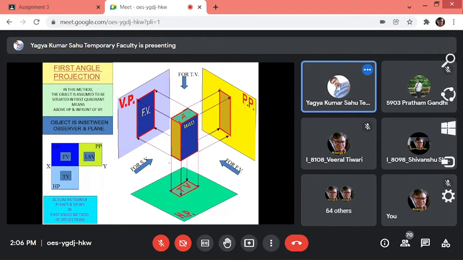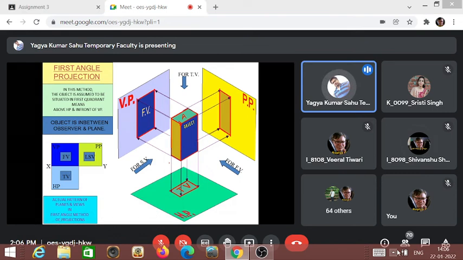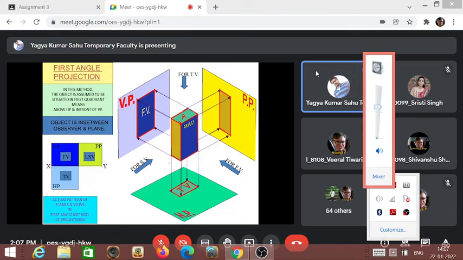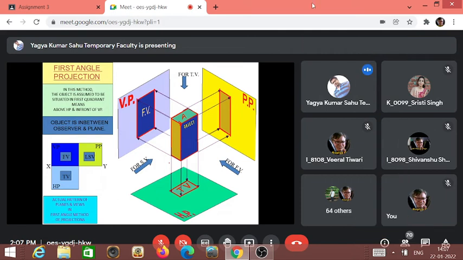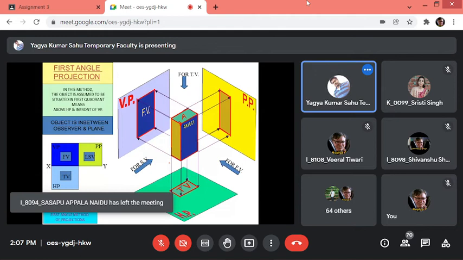In your room, you are having 6 planes, is it? Yes, sir. 2 vertical planes, 2 horizontal planes, and 2 profile planes. So from the intersection of all the 3 planes, you will get 8 points. So consider any one, and find out the shortest distance.